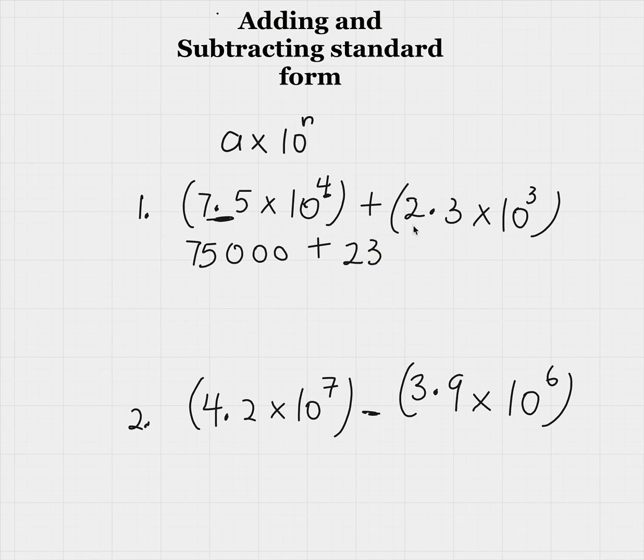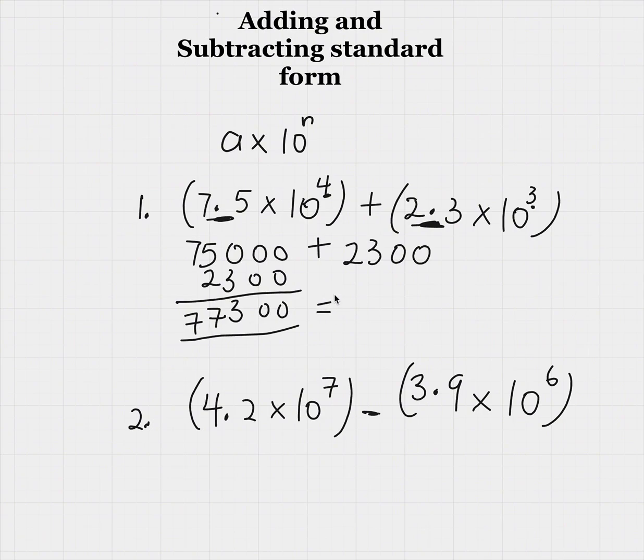Because it's positive and our A is a decimal, we're going to reduce the number of zeros according to the power by 1, making 2.